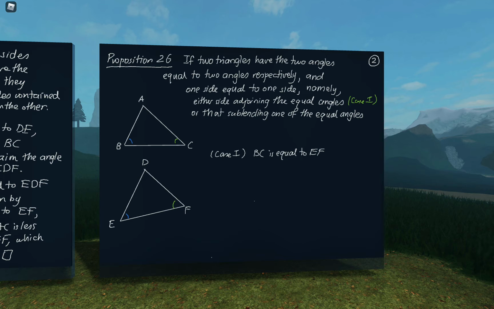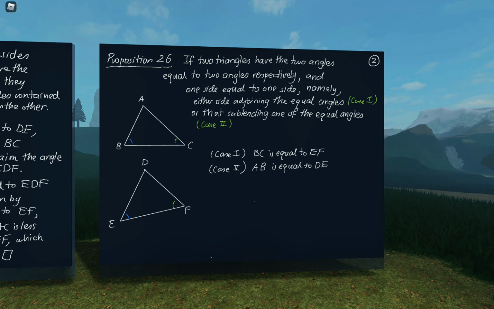So that's case 2. So that would be, say, AB is equal to DE.